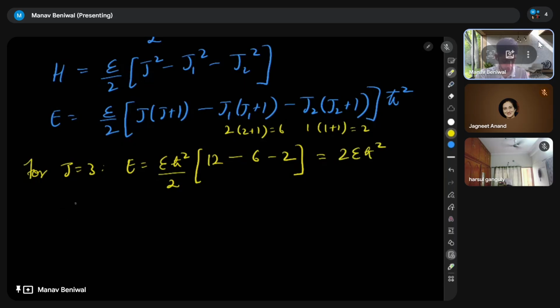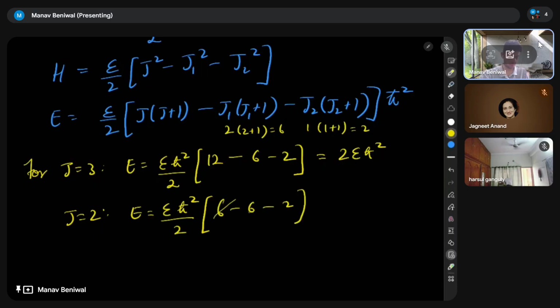Similarly, for j equal to 2, our energy will be, instead of 12, 2 times 3, which is 6. So 6 minus 6 minus 2, and the 2 will cancel. So simply minus epsilon h cut squared.